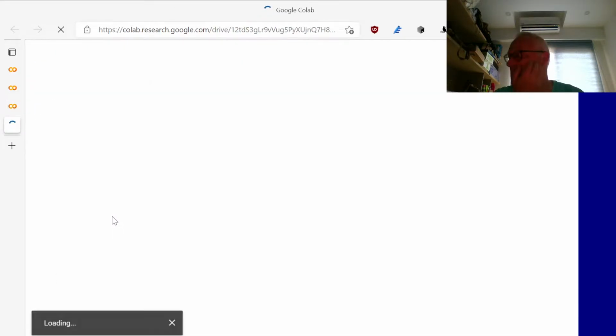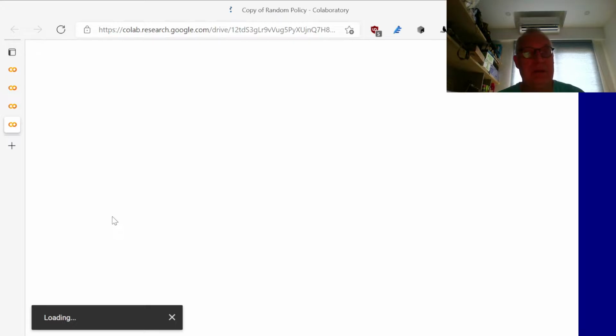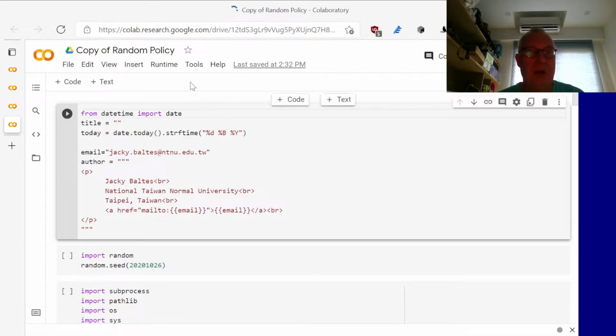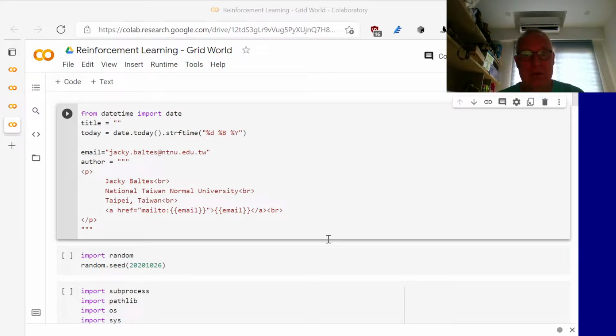So let's first set up an environment, a very simple one, but one that's been used extensively in reinforcement learning as one of the benchmark problems. And then we'll go into the details of the exploration versus exploitation trade-offs.